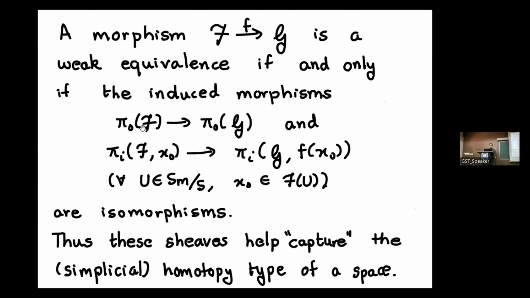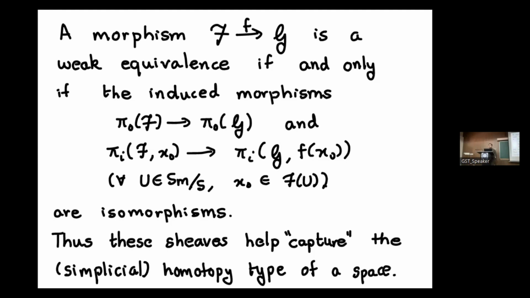So what did we use these things for in algebraic topology? As I said last time, we start with the intention of classifying spaces up to homotopy equivalence. Then we come up with the notion of these pi i's, which are meant to be algebraic tools to detect whether two spaces are homotopy equivalent.